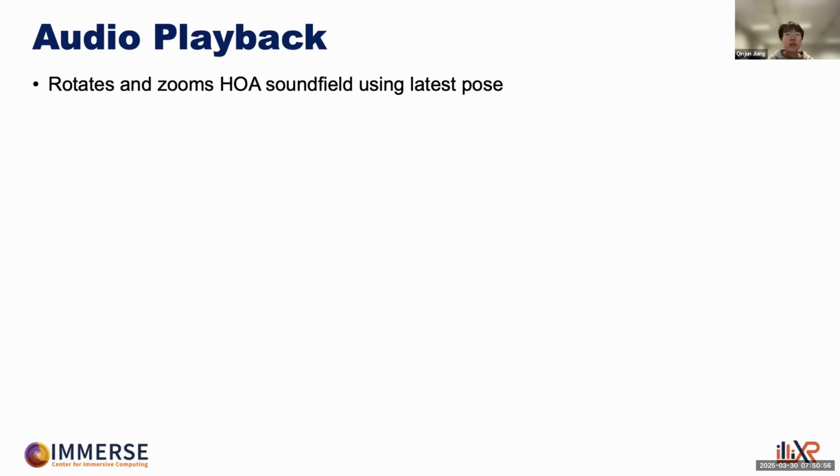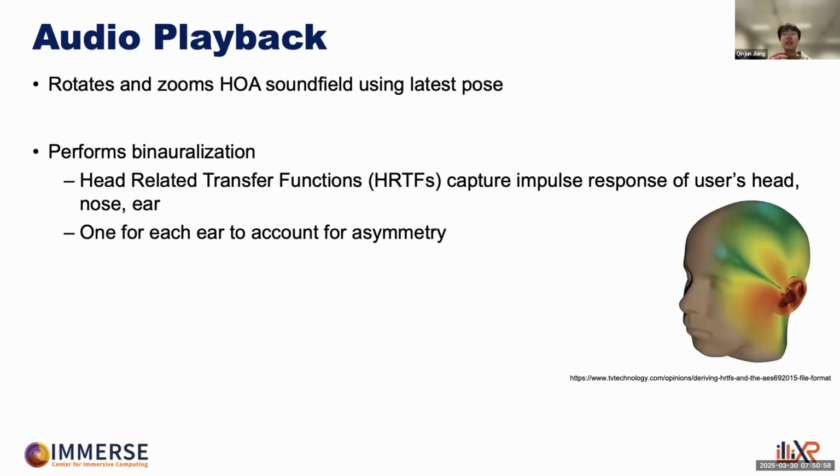Another important step in this audio playback process is that even though we encode the sound field into many virtual speakers in this imagined sphere, eventually the user has to listen to them through some physical speakers, which can be your headphones or earphones, right?